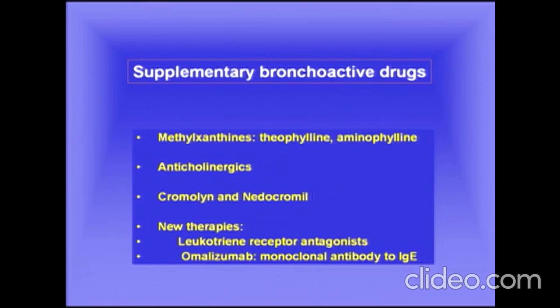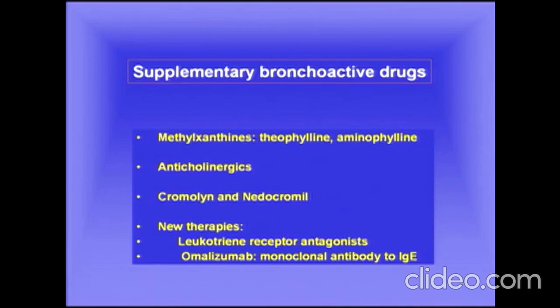It's interesting that anticholinergics are sometimes used in patients with chronic bronchitis who have a degree of bronchoconstriction that can be relieved. There are also drugs, cromolyn and nedocromil. These have been used in the past, they're not much used at the present time. And interestingly, there are a number of newer therapies that are coming online.